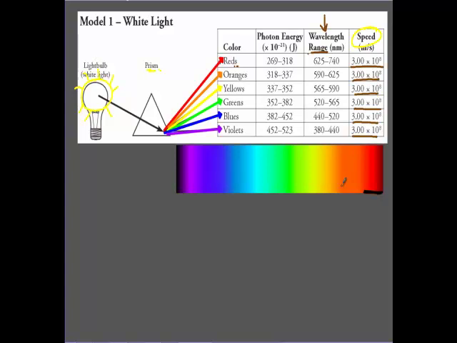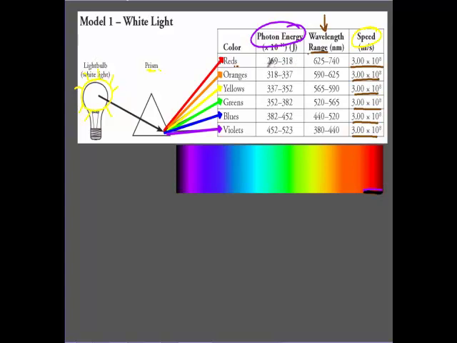Now, the next part of this is that each of these different colors of light have associated with them a different amount of energy. So the wavelength correlates to the color, and also you can see there is a range of energy that goes along with it.